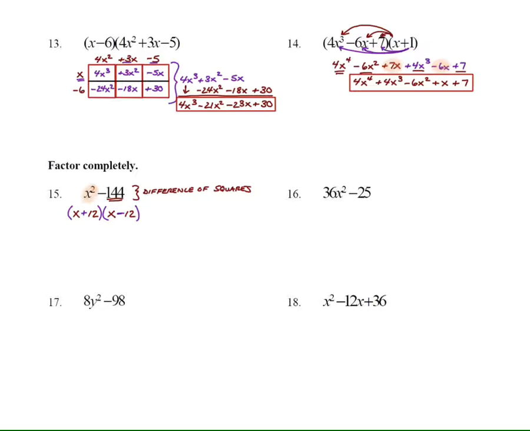So for number 16, again, is there a greatest common factor? 36 and 25 don't share any numbers that both divide them, and one has an x squared, one doesn't. But since we're dealing with a binomial, we would check if this is, again, a difference of squares. So 36x squared is a perfect square, and 25 is a perfect square, so we are dealing with a difference of two squares.